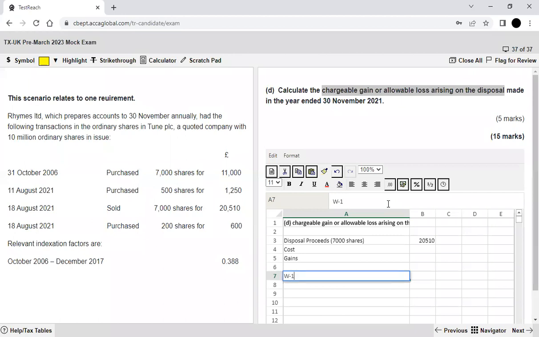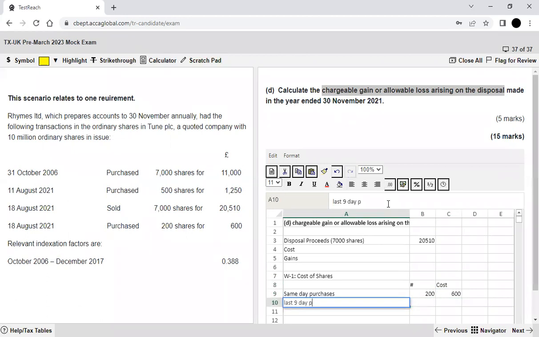So for this working one, cost of shares. Same day purchases, it's like number of shares, cost of shares. Is there any same day purchases? Yes, there are 200 same day purchases with a total cost of.